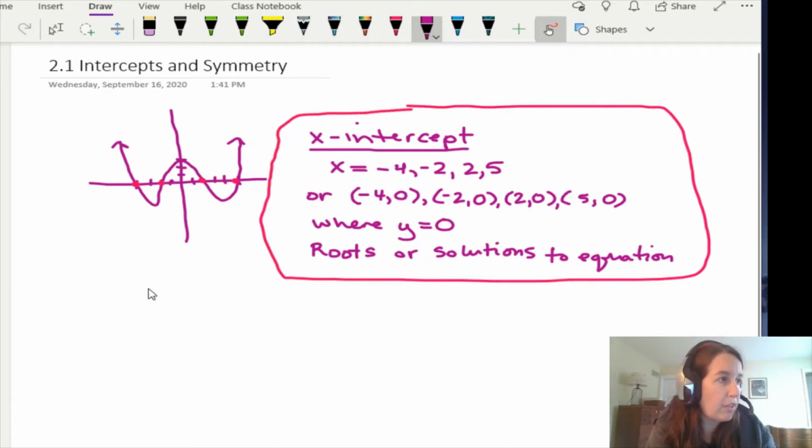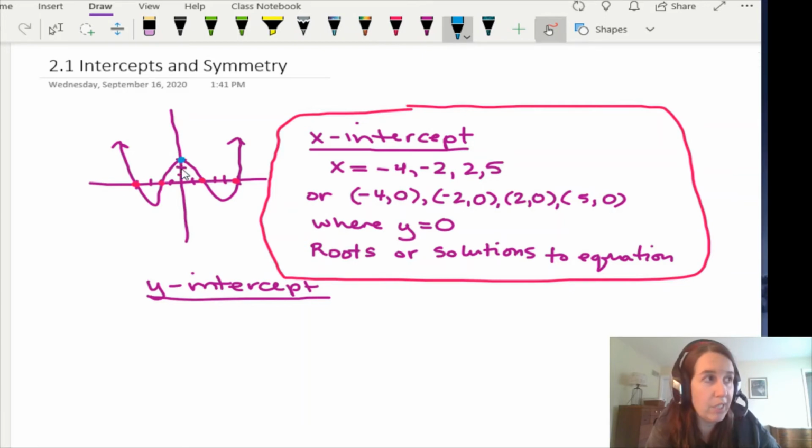For our y-intercept, we are looking for where the graph crosses the y-axis. So I'm seeing just the one place right there at (0, 3). So that would be y equals 3 is the y-intercept, or you could write that as (0, 3).